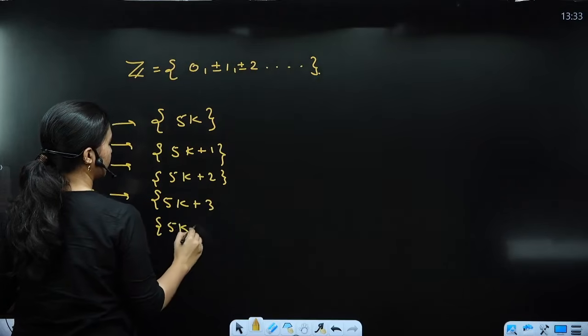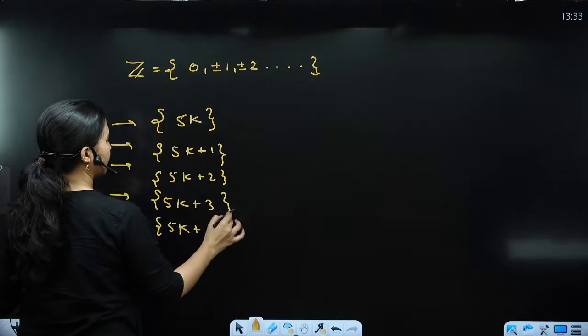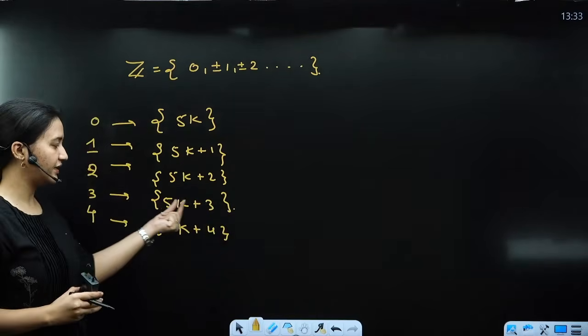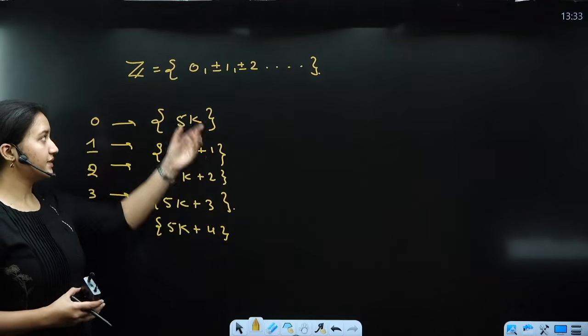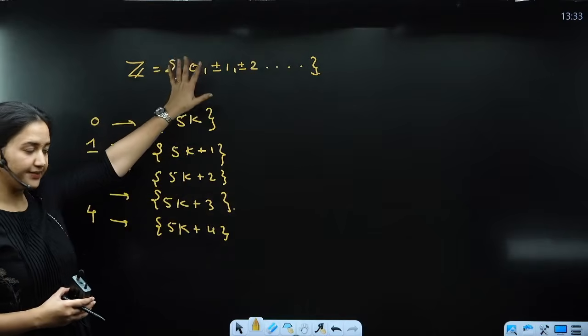So this consists of numbers which leave a remainder 3 when we divide the integers in the group Z.